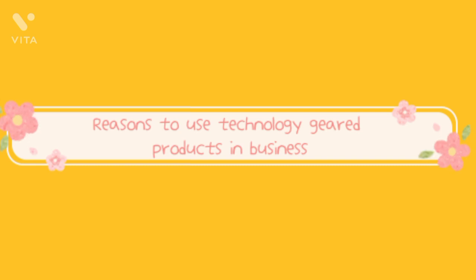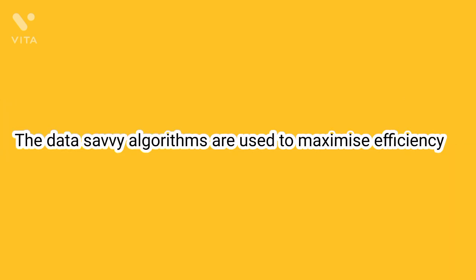The things which were in research papers in early days are being used in business as very usual. The data-savvy algorithms and equipment are fully automated and running around the clock to maximize efficiencies. The entrepreneurs who are giving thought to integrating high-tech solutions to benefit the workers are the ones who are looking into the future world.